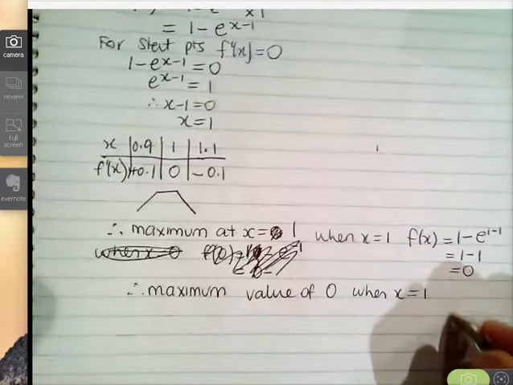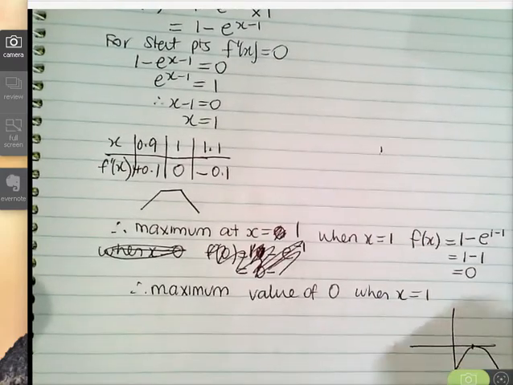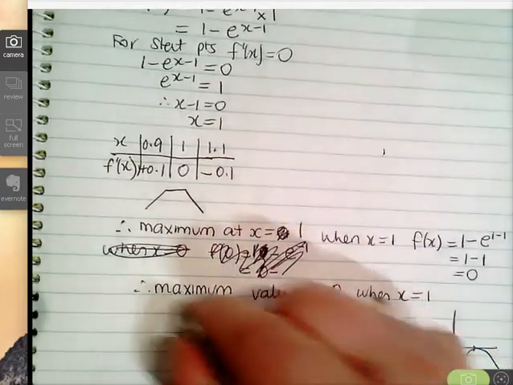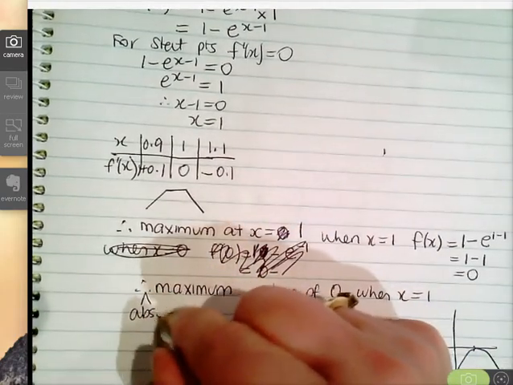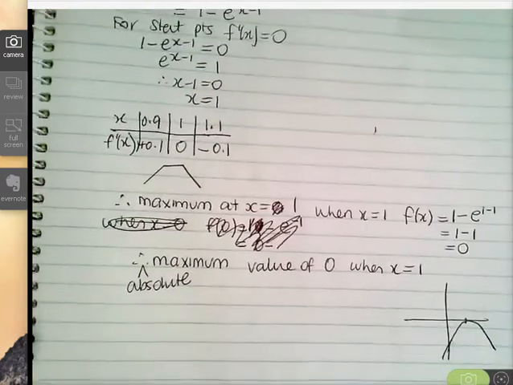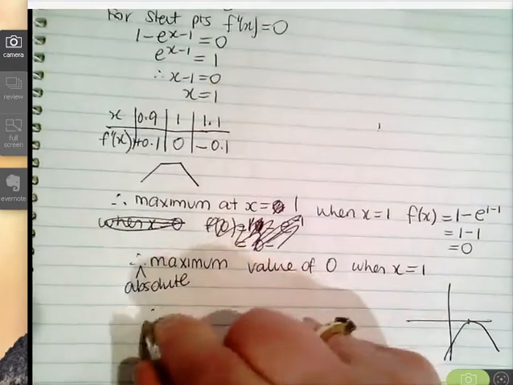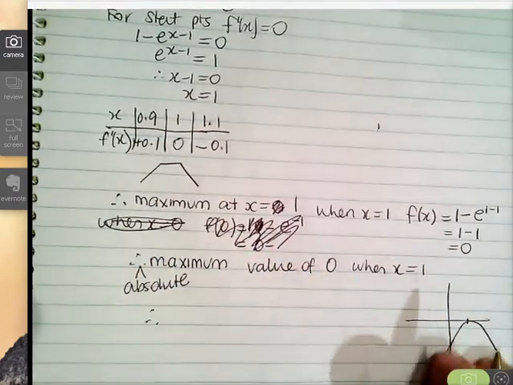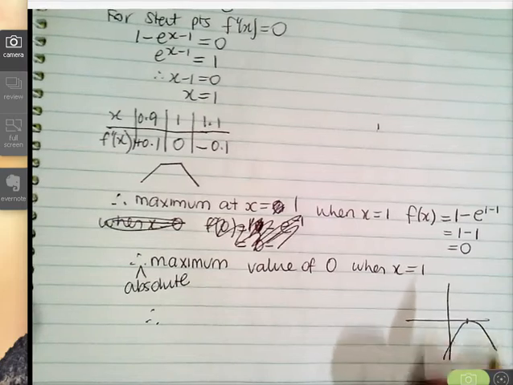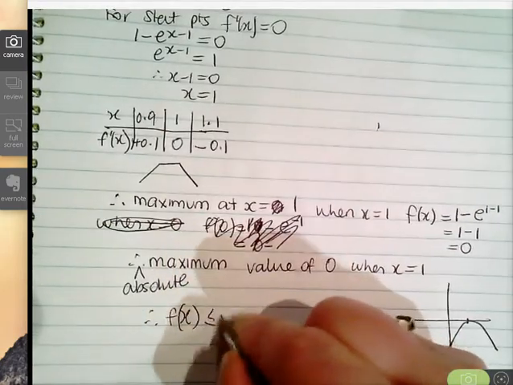We also have an absolute maximum value of 0 when x is 1, because there are no other stationary points that we found. So therefore, we can say that our function of x is always less than or equal to 0.